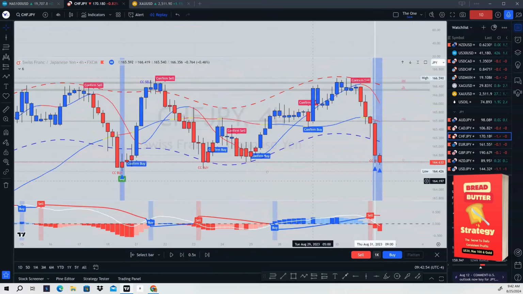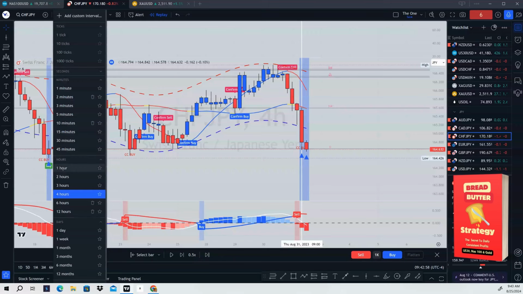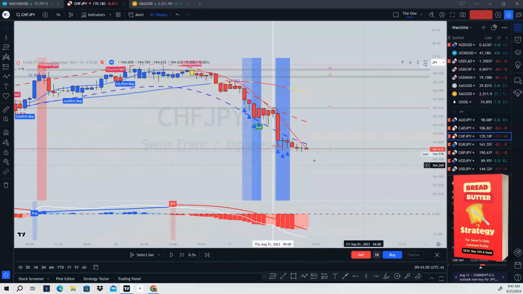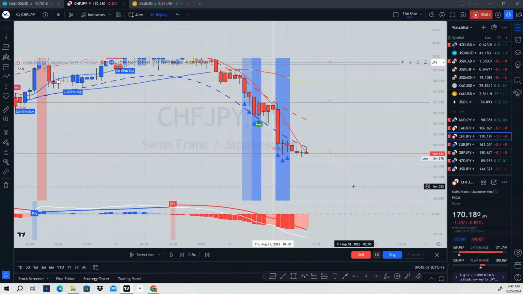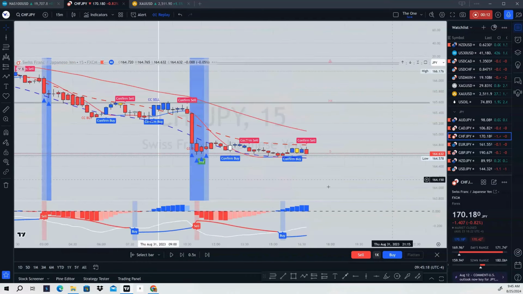Okay, now when I go to the 1 hour time frame, you guys are going to see the same high probability spike on the 1 hour. Okay, here it is on the 1 hour. So when you have multiple time frames in alignment, my tri-frame alignment theory, we have the 4 hour, 1 hour, and if you even go to the 15-minute, you guys are going to see a high probability spike.